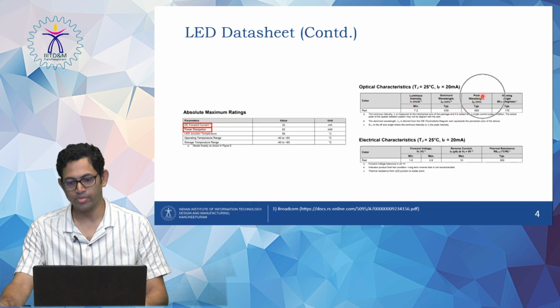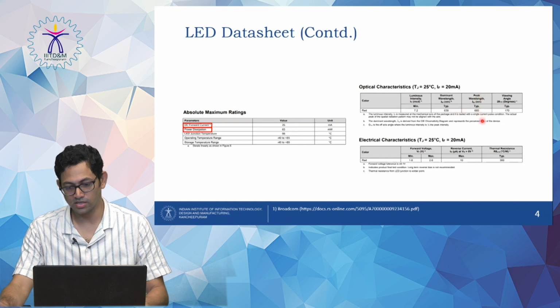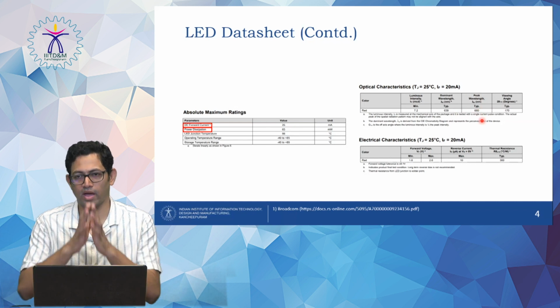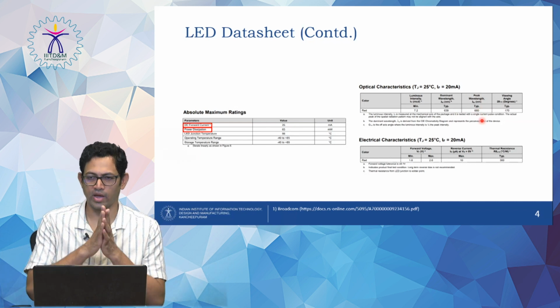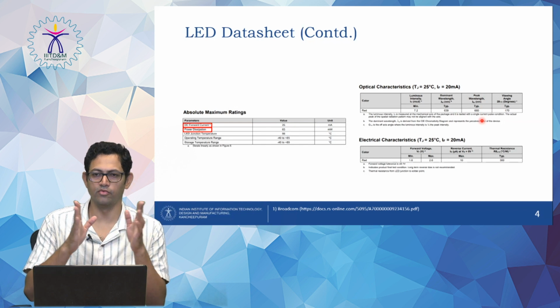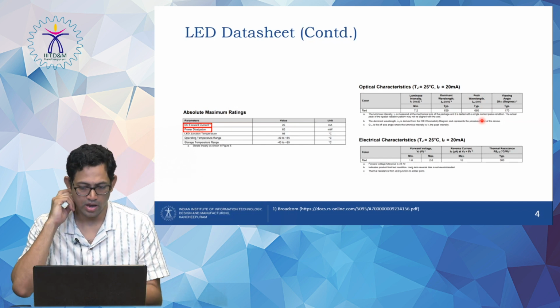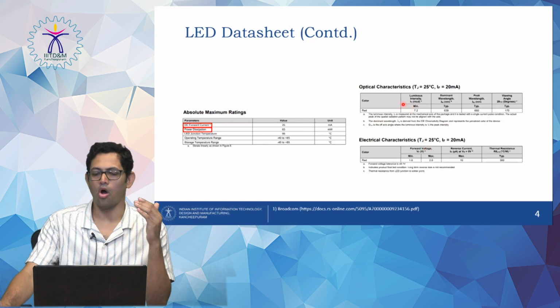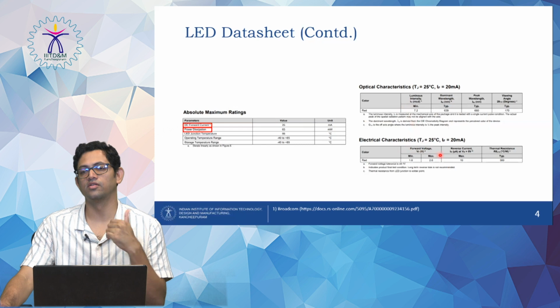The peak wavelength is around 660 nanometers, and it has a viewing angle. I will talk about what a viewing angle is, which is also known as full width half maximum at times. And then it talks about the electrical characteristics. The data sheet will talk about optical characteristics as well as electrical characteristics.